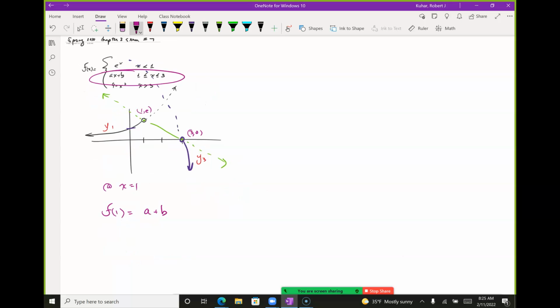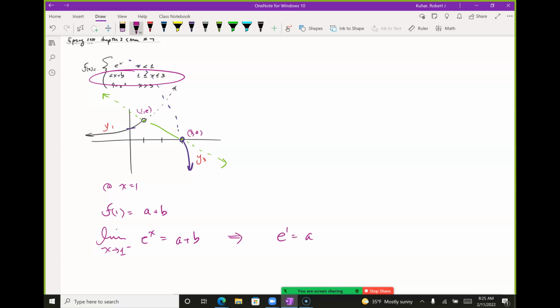Is everybody comfortable with that? So I plugged in x is 1 there, right? I also have to do the limit as x goes to 1 from the left, right? From the right is the green line. From the left is e to the x, and I want that value to be a plus b. So from there I get e to the 1.